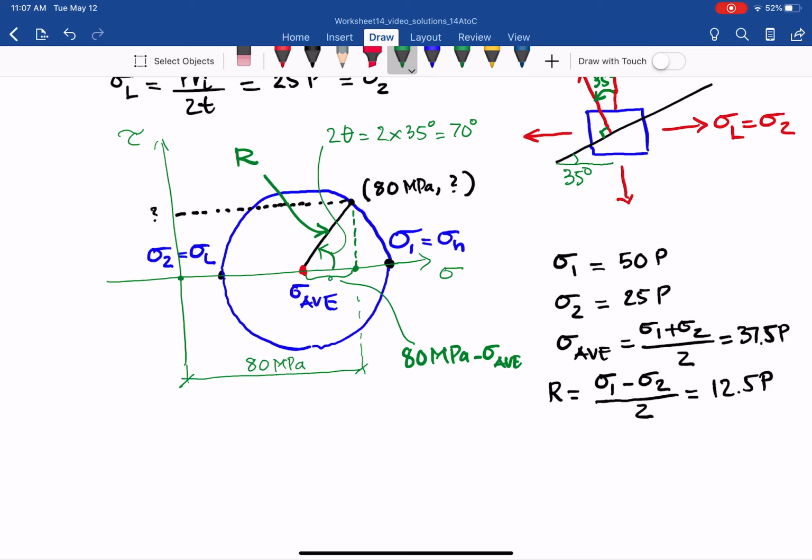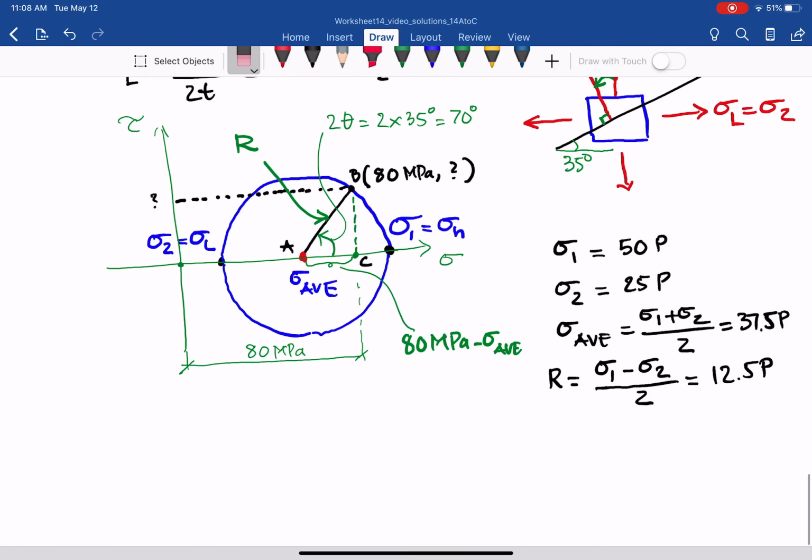So the cosine of that angle, 70 degrees, equals adjacent over the radius, right? Let me name the points here: the center A, B, C. Let's put the B up here so it associates with plane B.